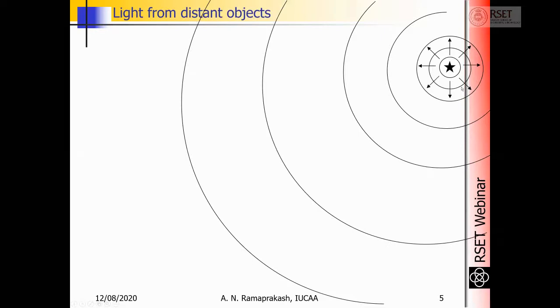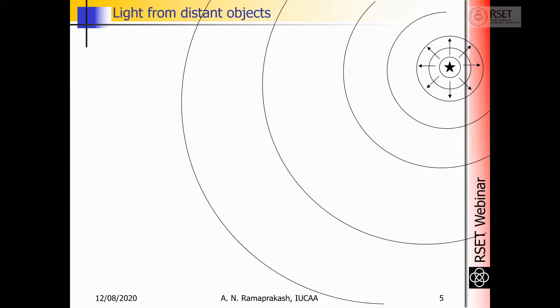So the light is emitted by the star and is radiating away in a spherical fashion. So at a given time, all the light started from the star would have reached a specific distance away from the star in a spherical shape. So that shape is called a wave front, because that is as far as the light wave would have reached in a given time.